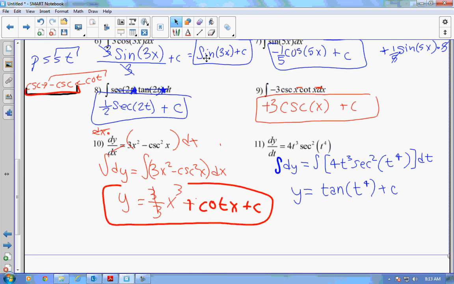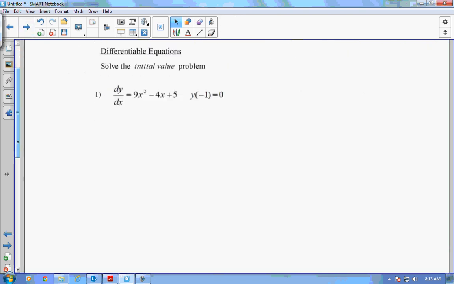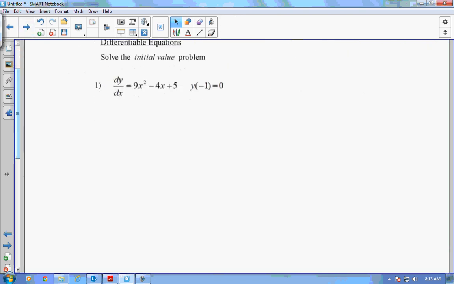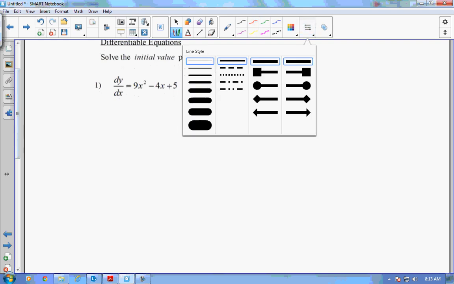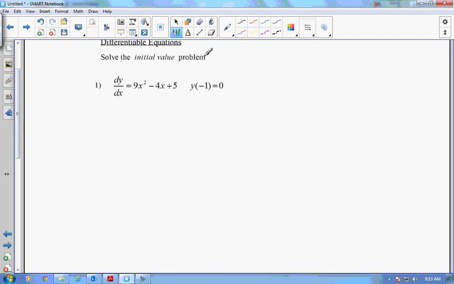Okay, now I think the next one we actually find that value of c. Solve the initial value problem. Initial value means at an actual point. You can see here we have y of -1 equals 0. So again, we multiply by dx to everything.